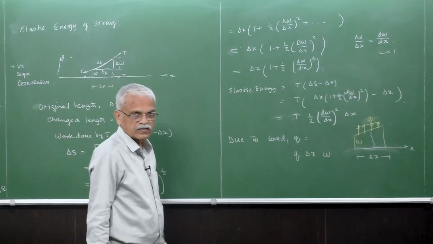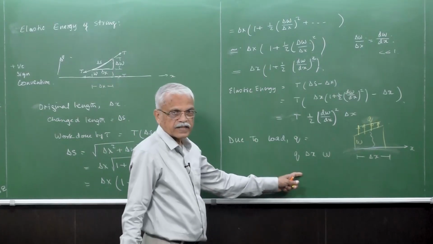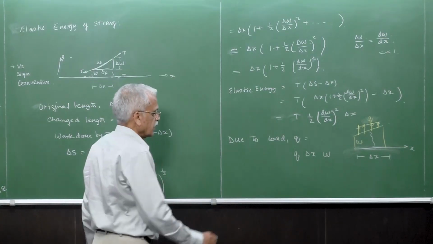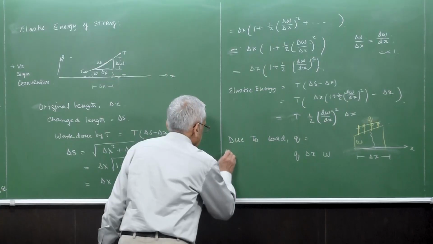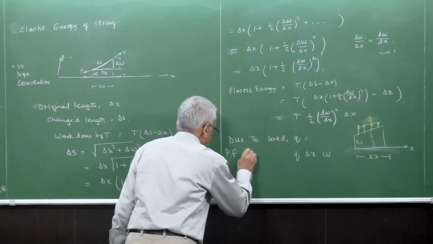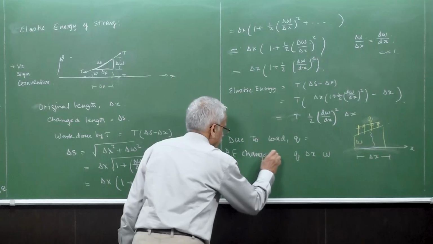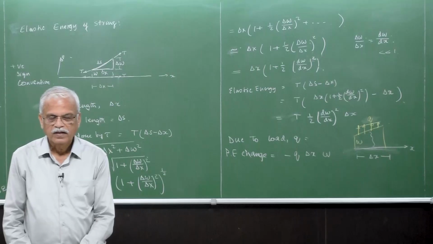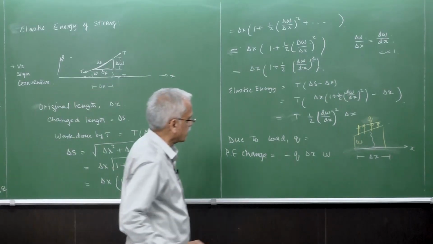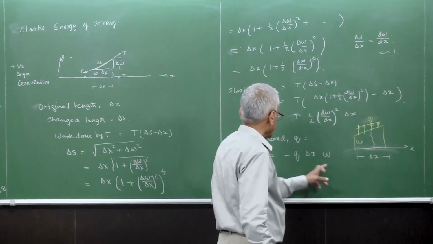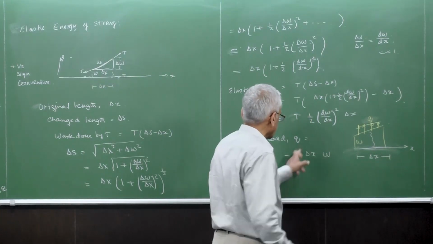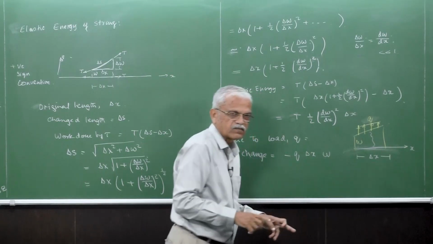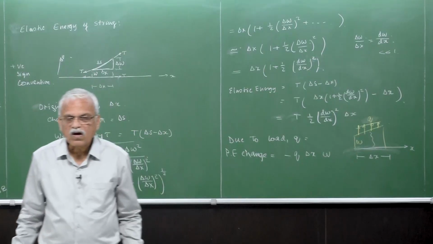So this is the work done by the external load, and as far as the potential energy is concerned, the potential energy change is minus. Whenever an external force acts through a distance W, we say Q into delta X, the total load, multiplied by W, the distance through which it has moved, with a negative sign, because there is a loss in potential energy.